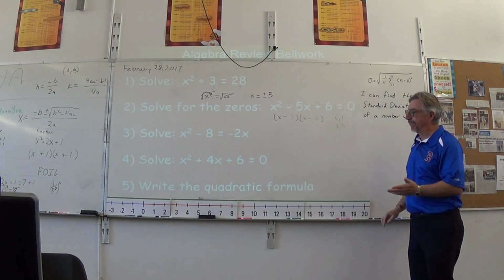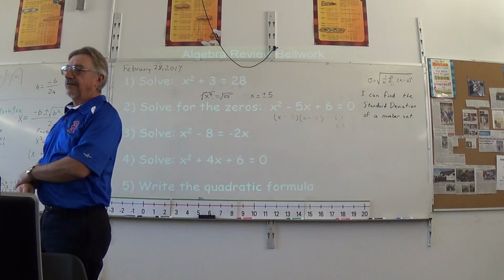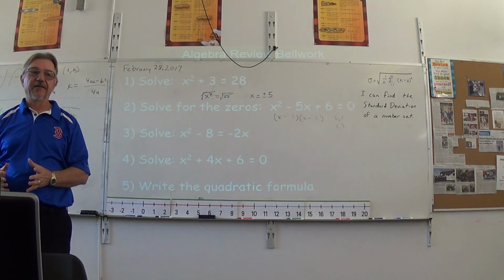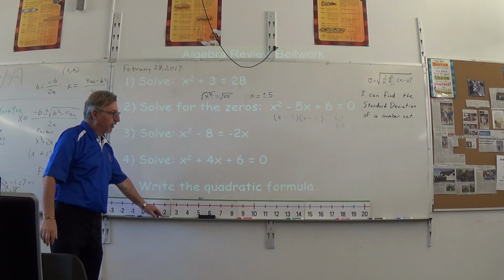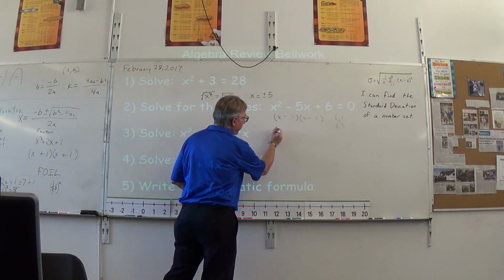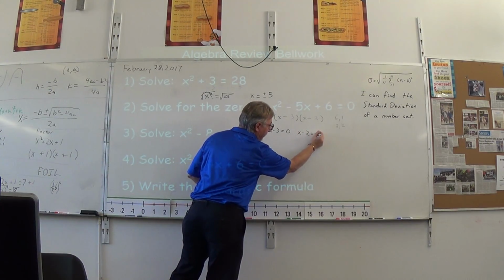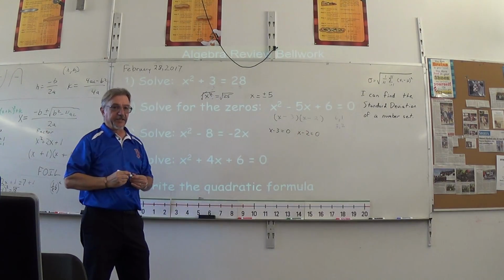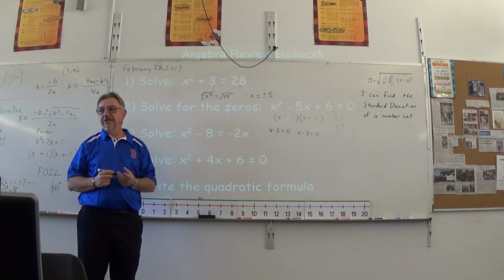I've factored it. Have I found my zeros? No, I haven't. So to find the zeros, now I set x minus 3 equals 0, and x minus 2 equals 0, and solve for x.